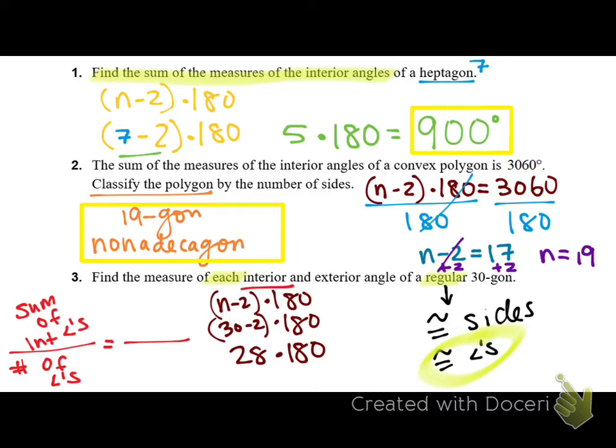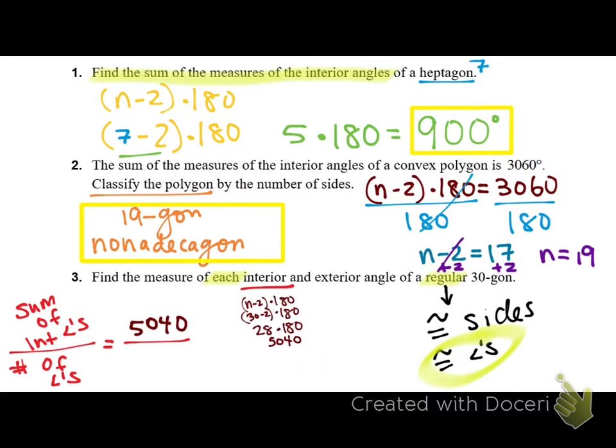That makes 5,040. So there's 5,040 degrees inside of a 30-gon. Now we're going to divide it by the number of angles. How many angles are in a 30-gon? 30. So how many degrees are each of those 30 angles? 168.